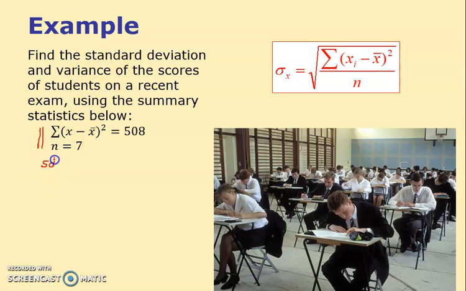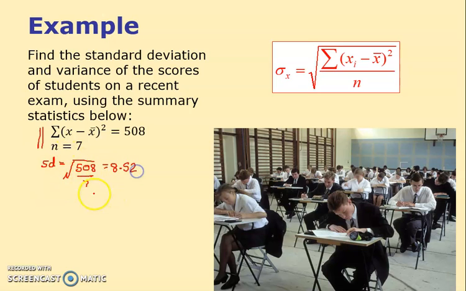Well, the standard deviation then is the square root of 508. I don't have to square it. The squaring's already been done, and just divide it by 7. So it's square root of 508 divided by 7, and I get 8.52.